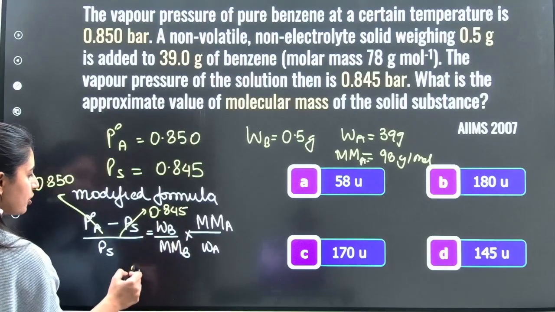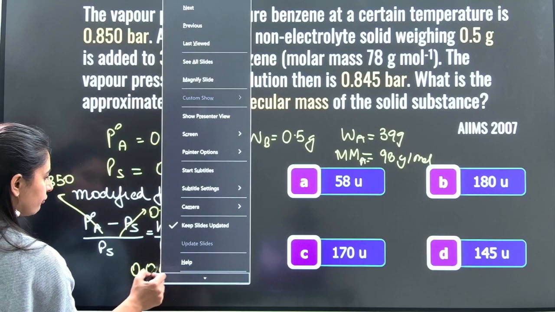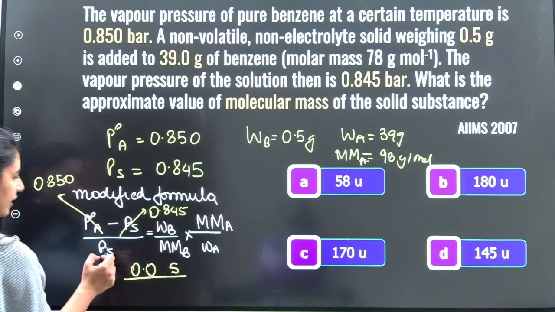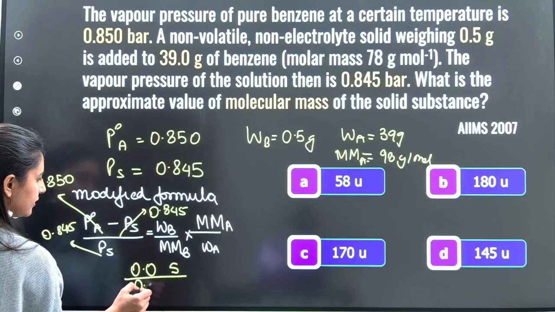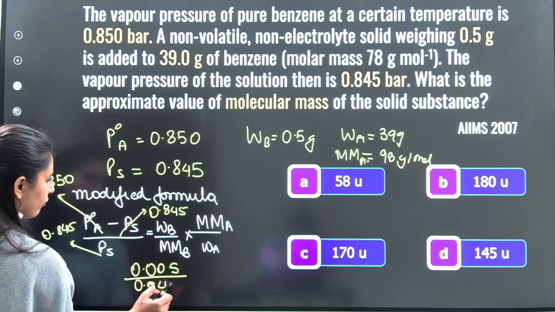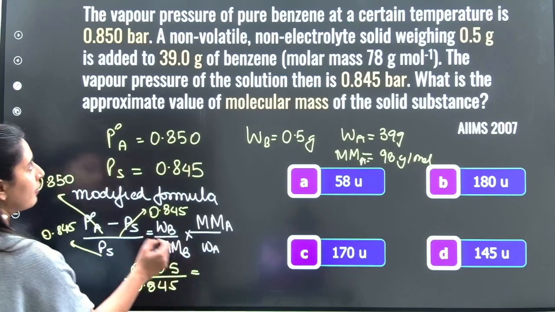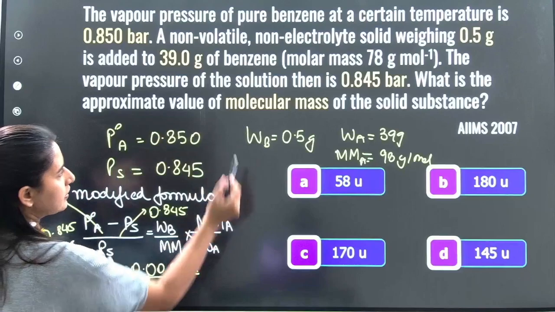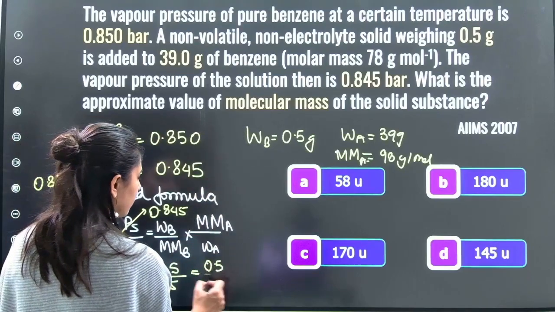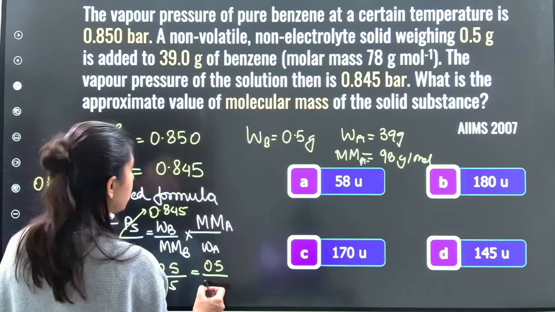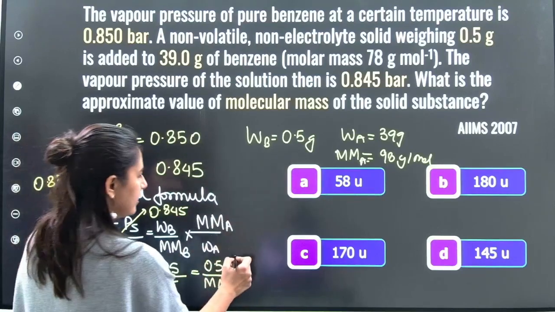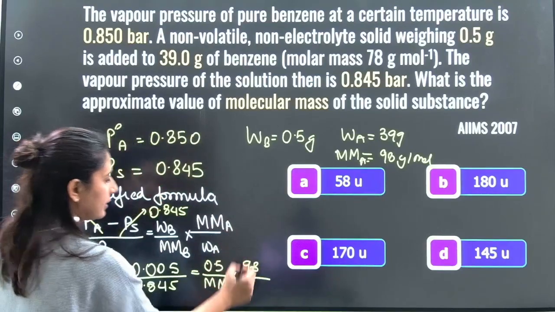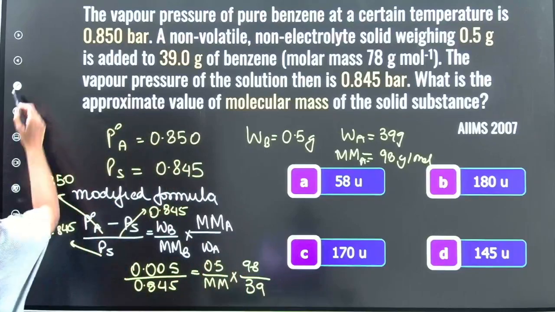That gives us in the numerator 0.005, divided by PS, 0.845, is equal to WB. WB is given to us as 0.5. Molecular mass of B, that's what we need to find out. Molecular mass of A, 98. Weight of A, 39.